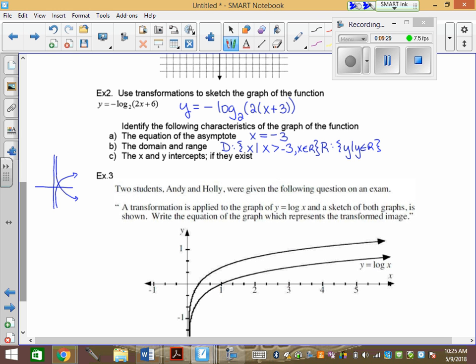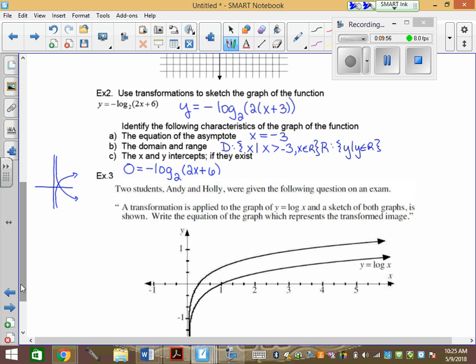Okay? The x and y intercepts, if they exist, x-intercept means y equals 0. So I'm going to have 0 equals negative log 2x plus 6. Bless you. So I have the negative in front of here. And the catch here is I don't know the x beside the log. If I don't know the x beside the log, what do I do for now?